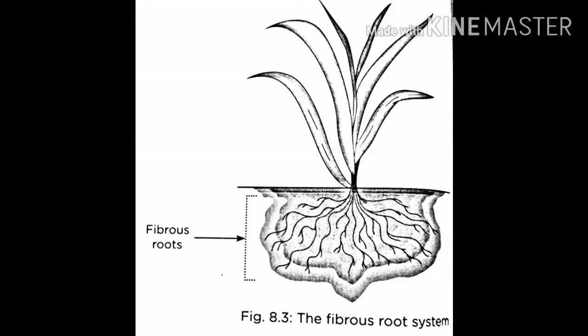The fibrous roots are generally shallow and spread in various directions. See here, these are all fibrous roots. Fibrous roots are mainly present in grasses, wheat, maize. These are examples of fibrous root system plants.